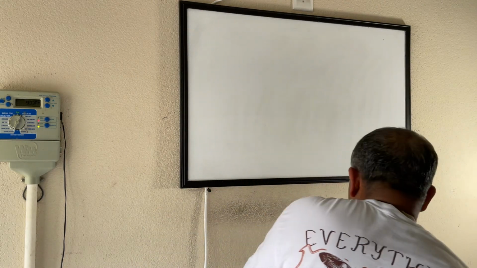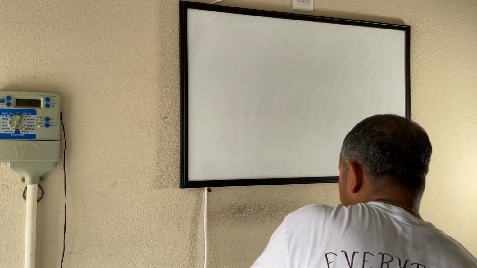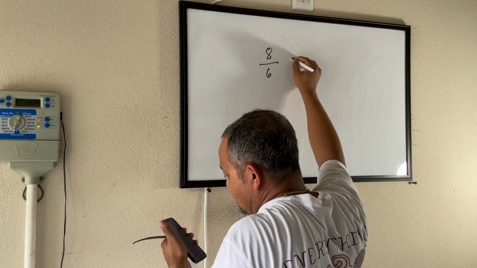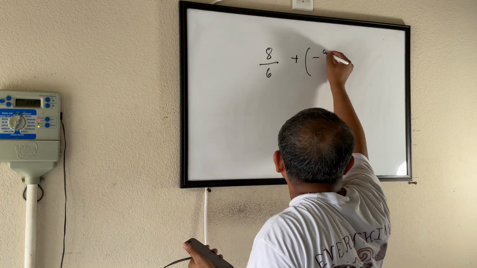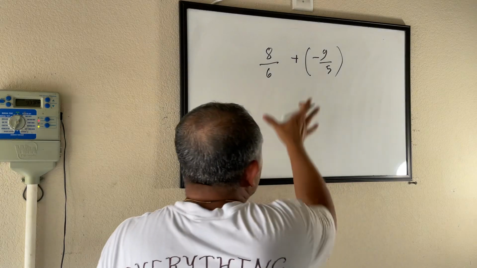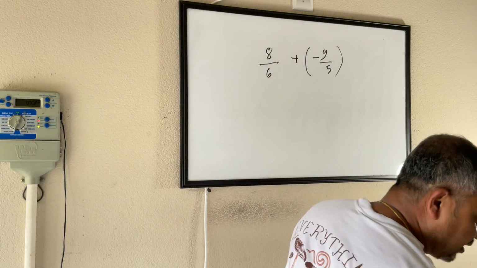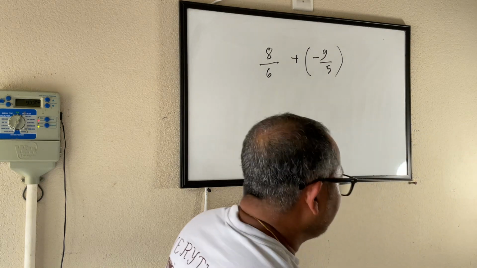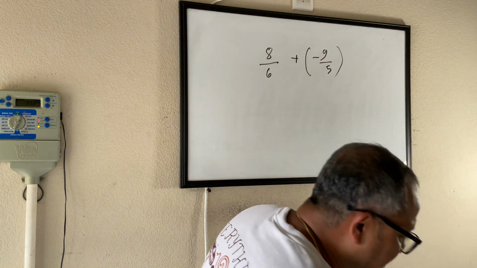Now, the question that I have says, reduce to the simplest form. And the question I have is 8 by 6 plus, in bracket, minus 9 by 5. Reduce it to the simplest form. Like I always say, we have a question, we have to solve it and get to the simplest possible value.